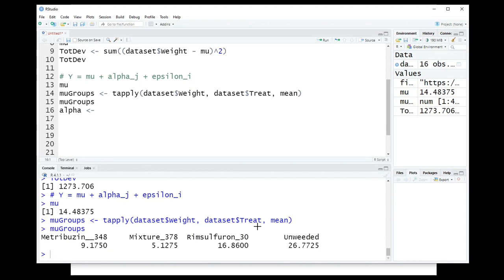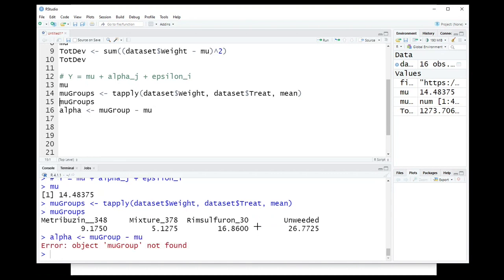Then we can calculate the alpha, because alpha is simply represented by the group means minus the overall mean. Sorry, you see that I'm making mistakes now and then, so it's perfectly normal that we make mistakes when we write our code.